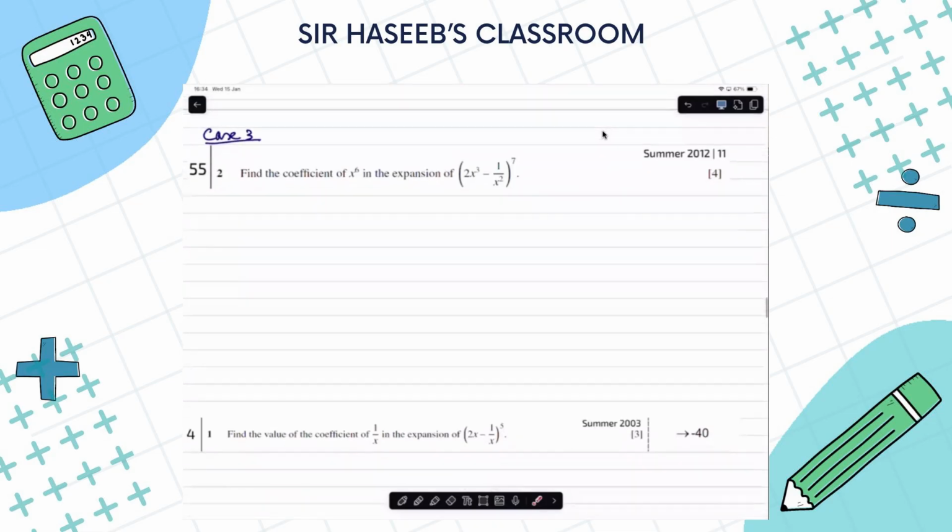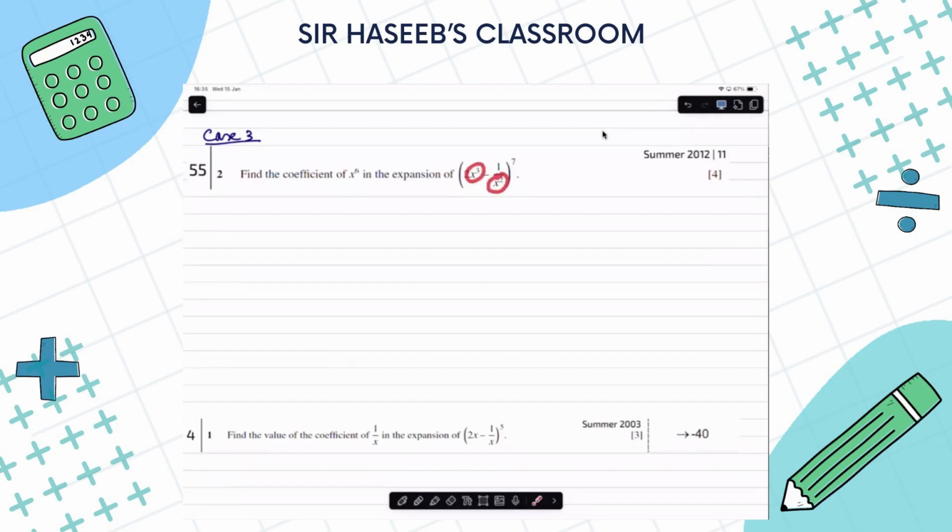Okay, so let's talk about case 3, where the problem in binomial we are going to get is that we were saying that when there is x power 6, just take r value as 6. But that's not going to work out over here, because there is an x over here, there is an x over here, there are cancellations happening.